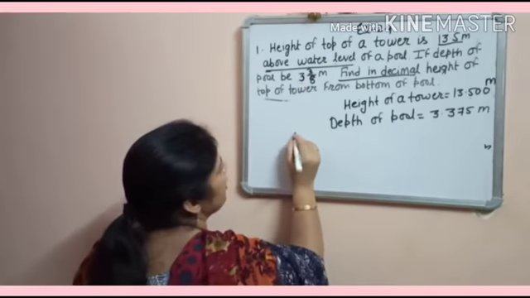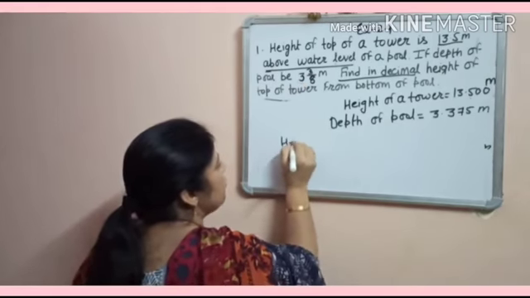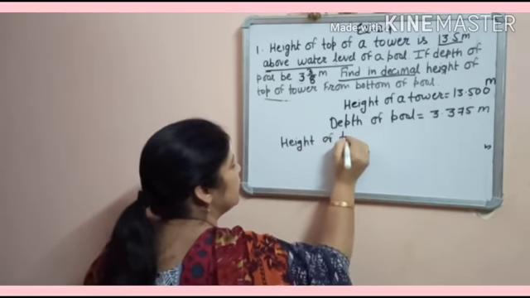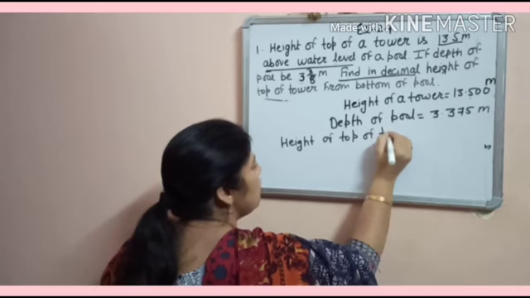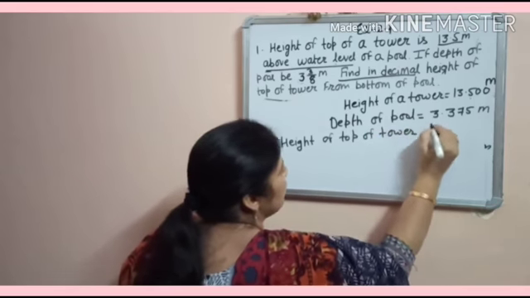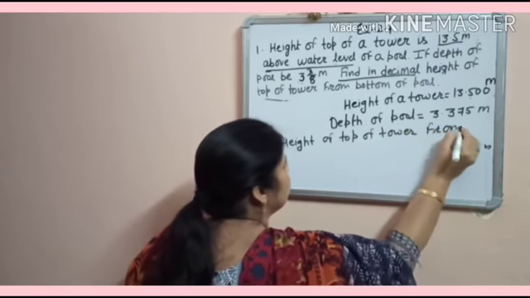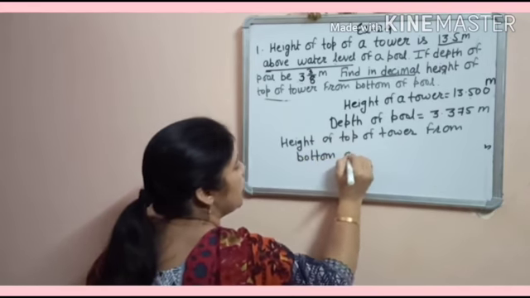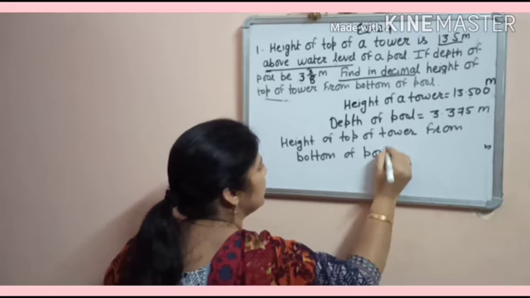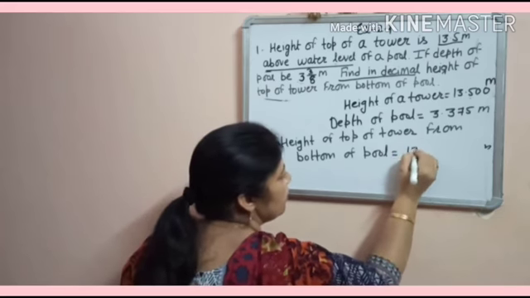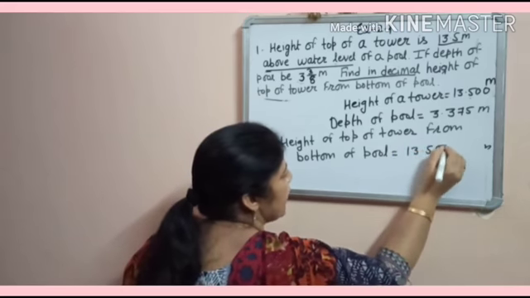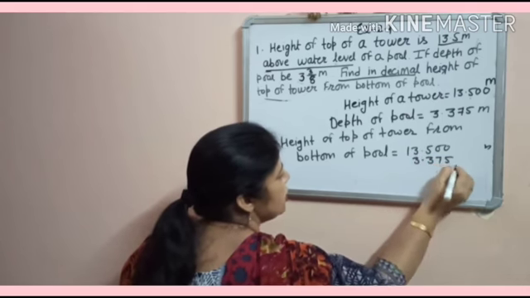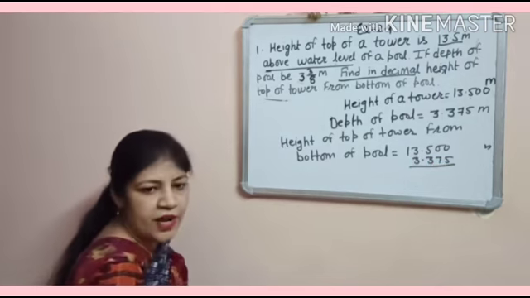So the height of the top of the tower from the bottom of the pool is equal to 13.500 and 3.375.